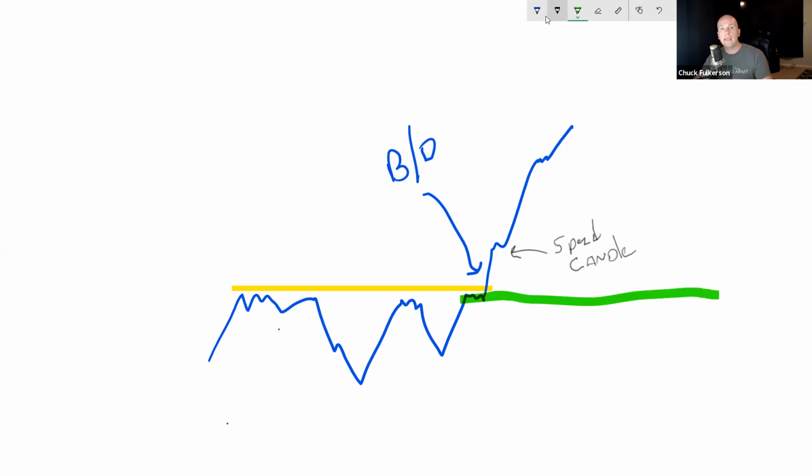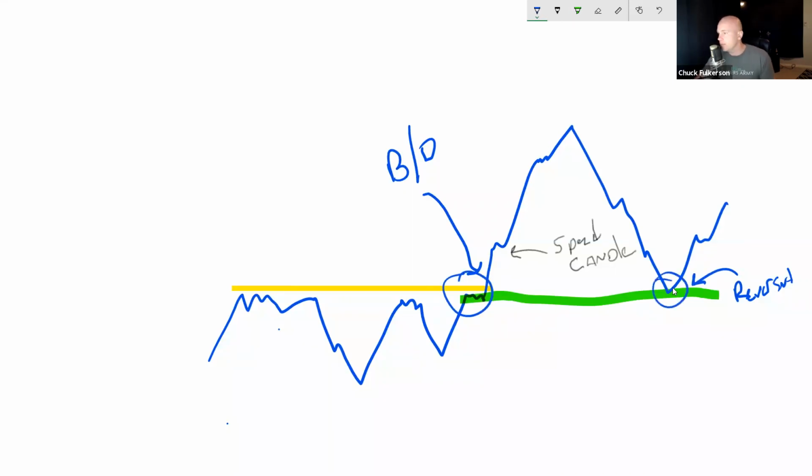So that's a breakout trade. This would be a reversal, right? So I can trade both styles, both breakout and reversal styles, and they're essentially still the same thing, but I understand the rules behind them, right?